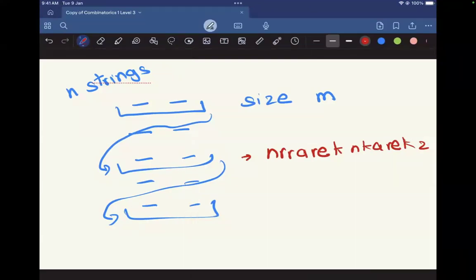Now on this string, what operation does Narek do? He first finds n, then he finds an a, then he finds an e, then he finds a k. As soon as he finds the first Narek, he finds r and then e and then k. He adds 5 to his score. After that, he again finds n, a, r, e, k. So in this case, he adds 10 to his score.